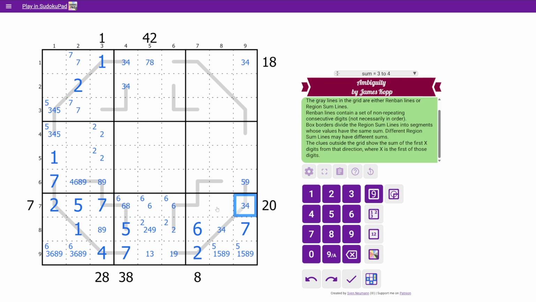If this was a 3, well, regardless, this is a 9-8. It would have to still have a 7 on it, and it can't. So this is definitely not a Rin band. So it does not have to have a 5 on it, but it could have a 5 on it. But it's not a Rin band.